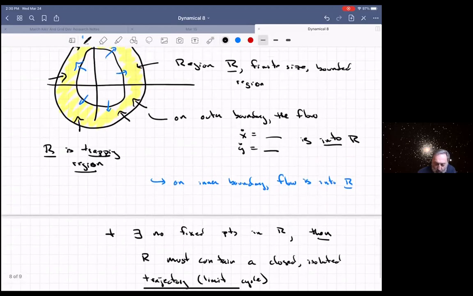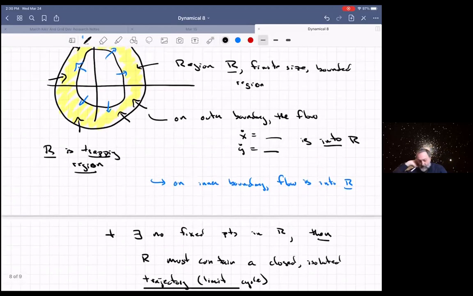And you can write out the words in more formally mathematical language, right? But the idea is if you can find a subset of the phase plane where the flow goes into it from all of the sides, then you created a trapping region because the flow can't get out of it.